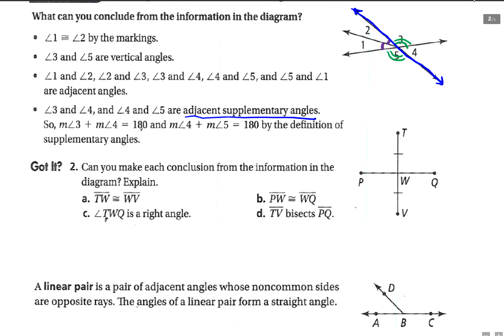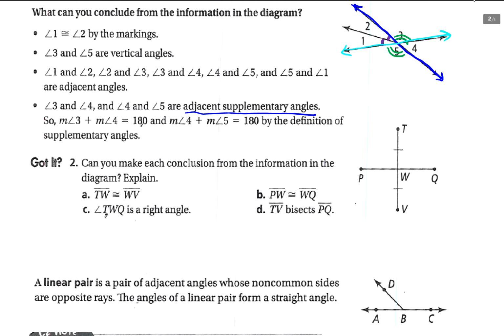And we can see that in angle 4 and 5 as well. We have another line here. I'll mark that one with this line here. So angle 4 and angle 5 are adjacent and supplementary. All right, pause the video, do the next problem.